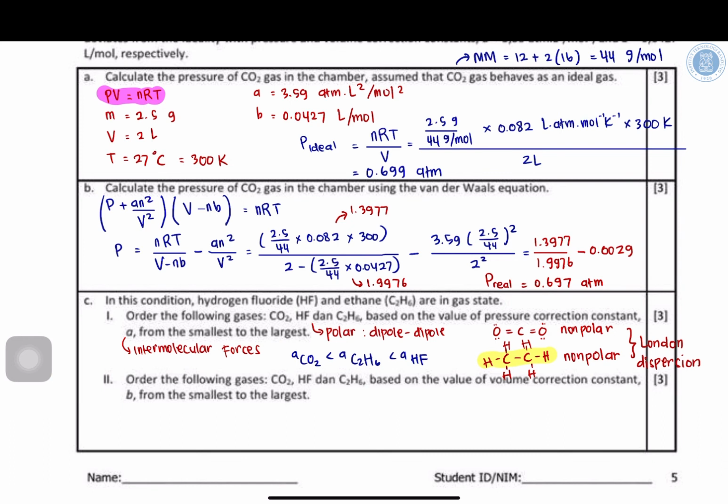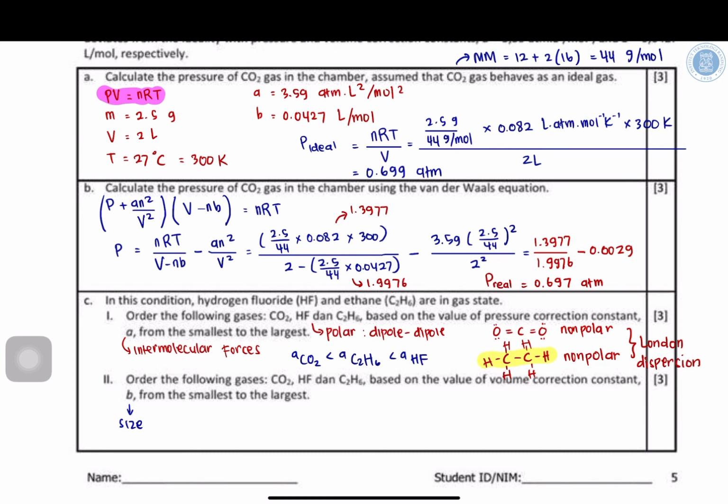Now for the next question, order the following gases based on the value of volume correction constant b from the smallest to the largest. So of course, the b constant relates to the size. So if we have, for example, a more compact molecule, then it tends to have a smaller value of b compared to, for example, a larger molecule. So if we compare between CO2 and C2H6, we know that from the structure, C2H6 tends to have more contact area.